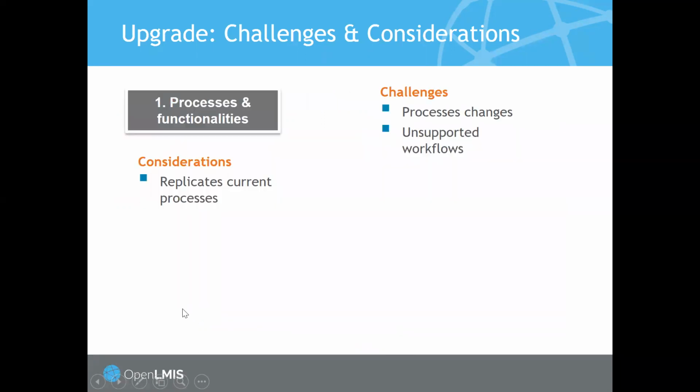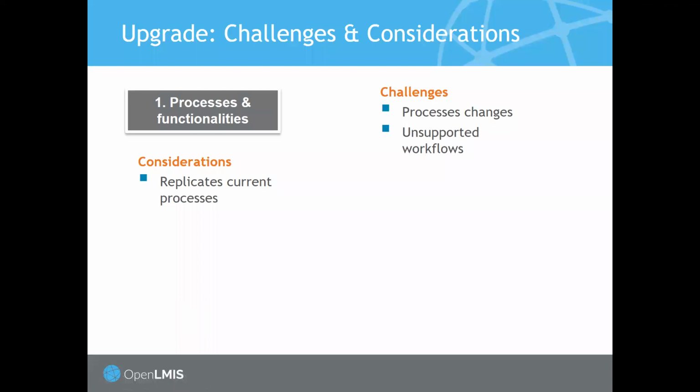Regarding processes and functionalities, the main consideration is to have the information systems replicate the processes that they are supporting. This may sound trivial, because that's the ultimate objective of any information system.